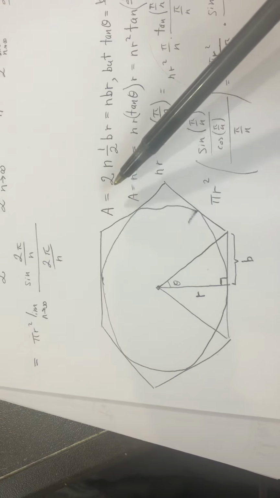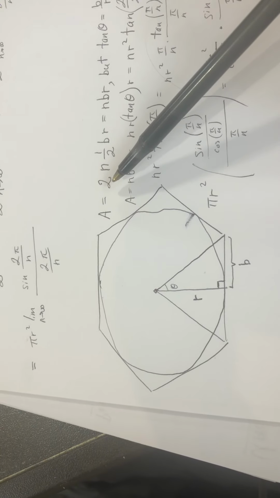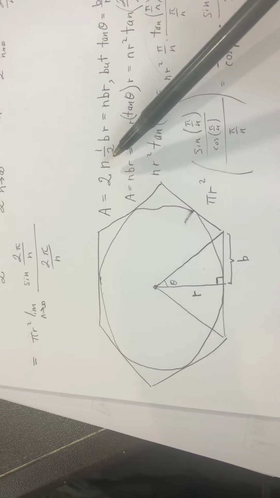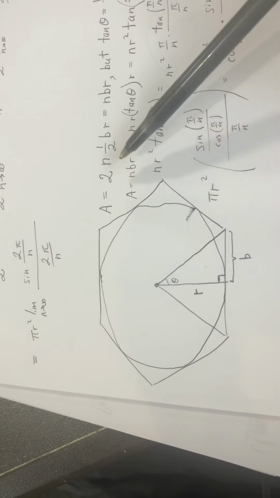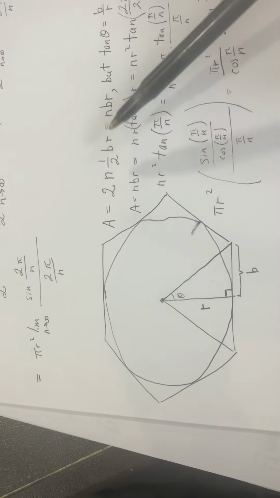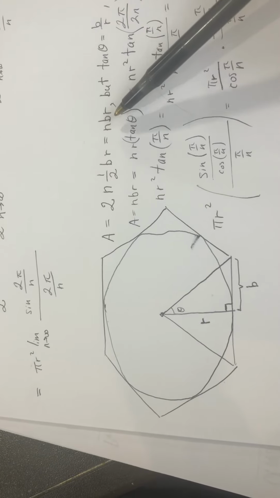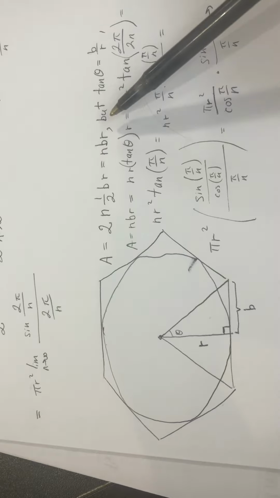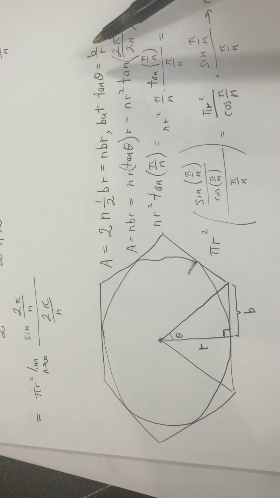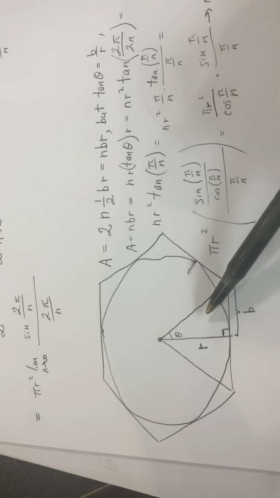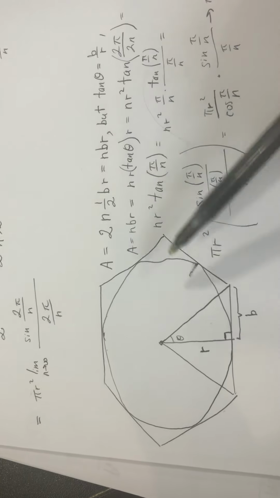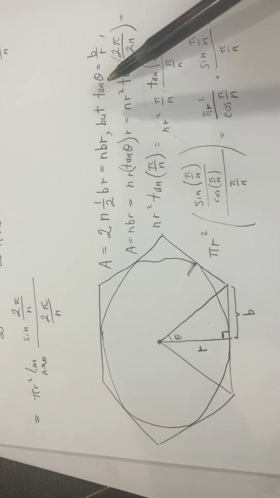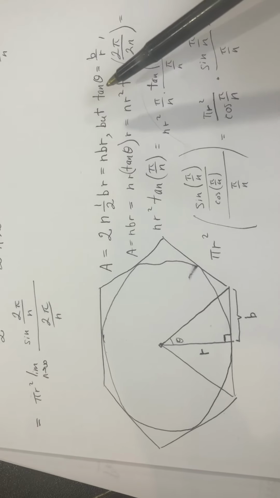So the area of the polygon, big A, is equal to 2n times the area of this triangle, which is half the base times the height. The 2's cancel, but in math that just means we're saying another statement. The tangent of theta is equal to b over r. I said the reason I divided this in two was to use the tangent, so there I am using the tangent.